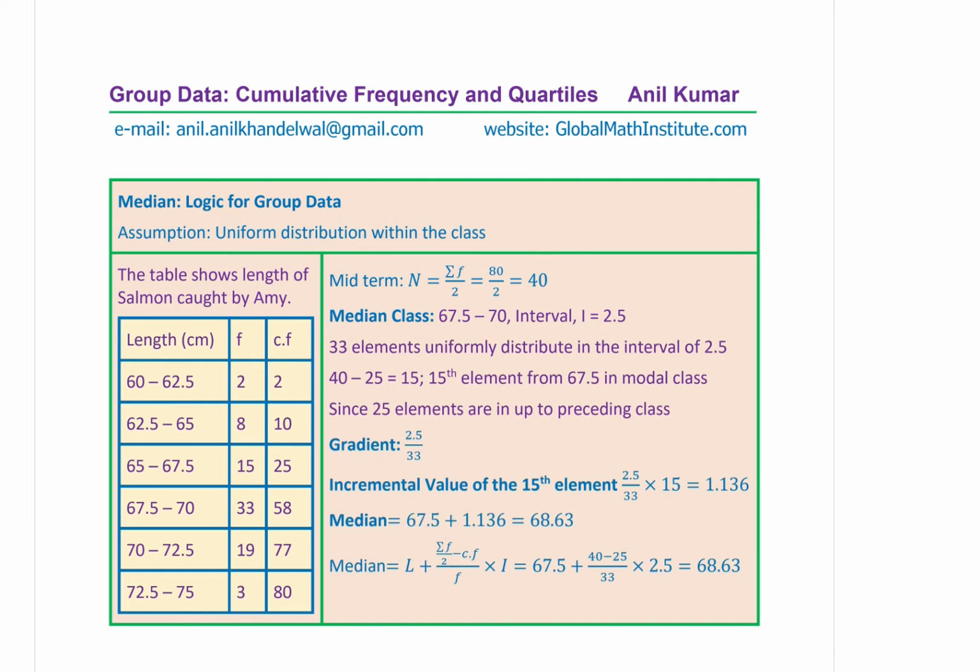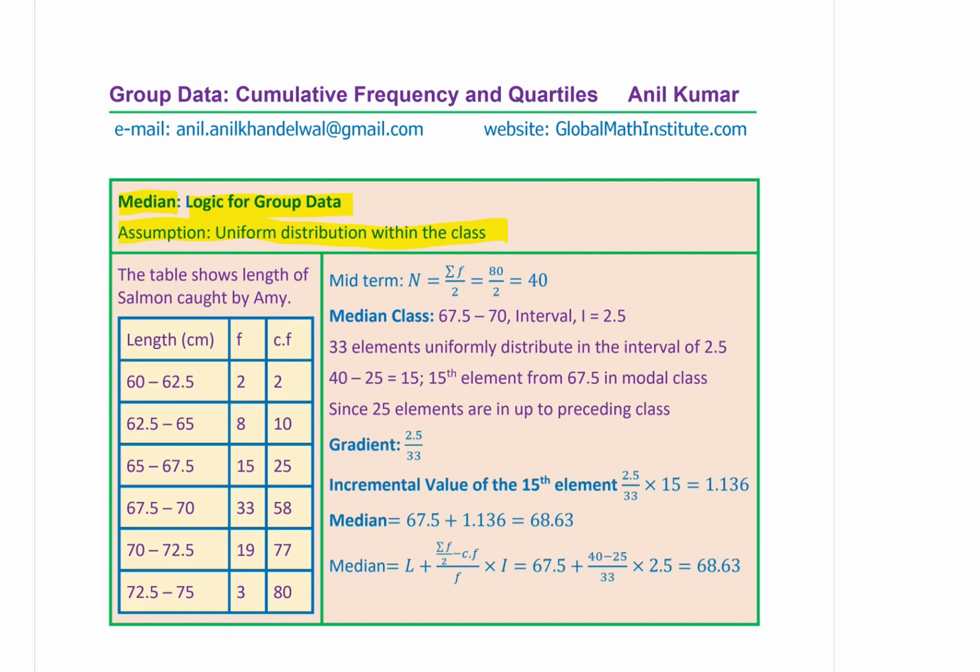Now let us try to find a logic to find the median, and from the logic, we'll derive a formula to calculate the median. That will help us to find the quartiles also, since quartiles are also medians of the lower half and the upper half of the data. In this exercise, we'll always assume that all the data is uniformly distributed.